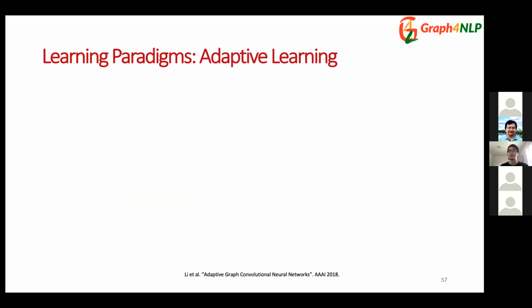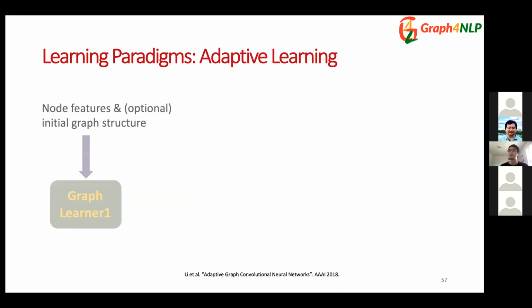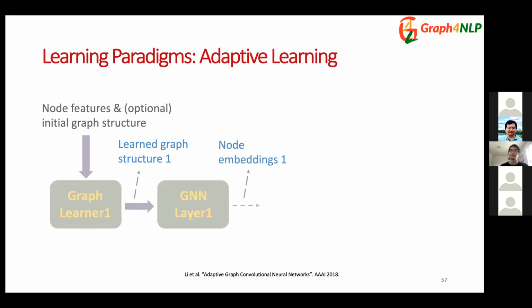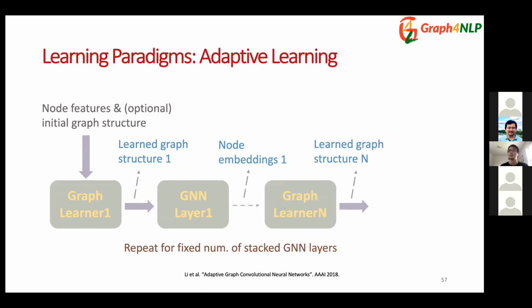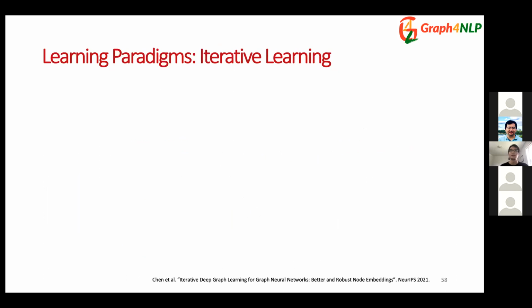Another common strategy is to adaptively learn the input graph structure for each stacked GNN layer to reflect the changes of the intermediate graph representations. This is similar to how transformer models learn different weighted fully connected graphs in each layer.